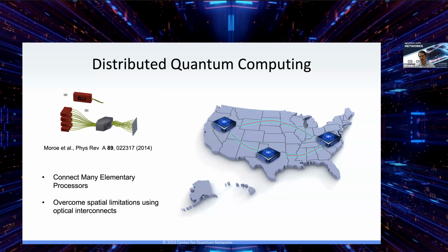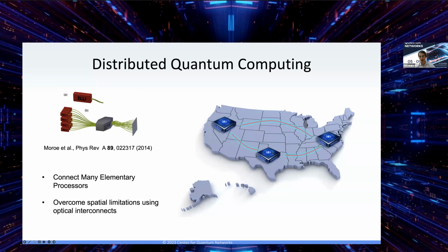And the nice thing about this is that once you can establish teleportation-based interconnects between different small quantum computers, effectively the distance between them doesn't matter so much anymore. You can have quantum computers in a data center that are connected via fiber. You can have quantum computers distributed over the US map, all working together, provided that you can establish the entanglement between them. Now, let me be very clear.